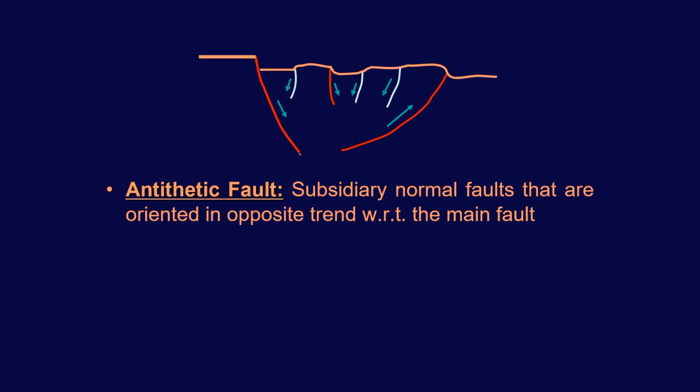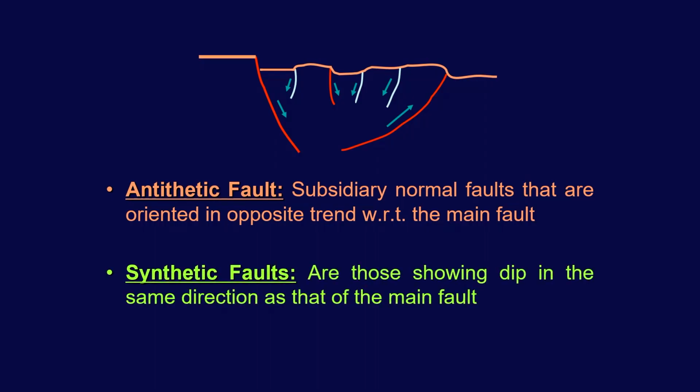The red lines are shown as the main fault here, and synthetic faults are those showing dip in the same direction as your fault. So, these are the two classifications we make based on the direction of dip.